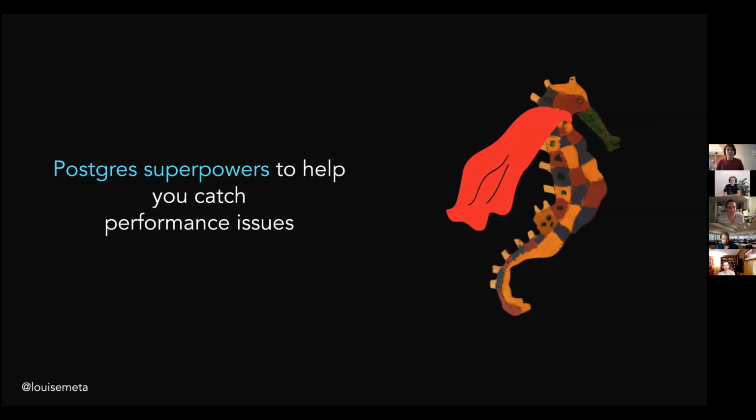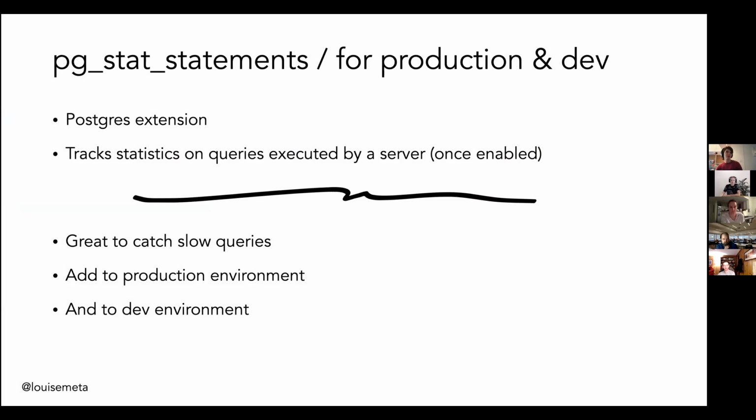So the question here is, okay, cool. We know that we can have problems with ORMs, but how can we catch them? And more specifically, how can we catch them using Postgres? One tool that I really like and use on all of my production and dev environments is pg_stat_statements. It's a Postgres extension. If you're not very familiar with Postgres extensions, the idea is that it's not something you have to install on a server.